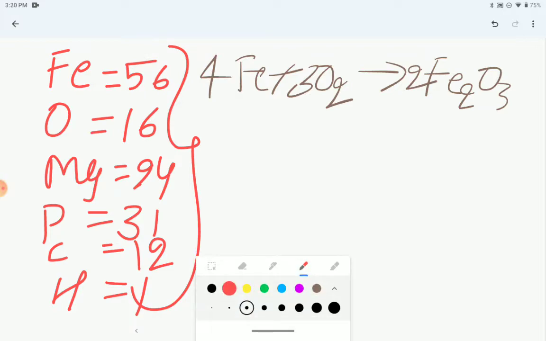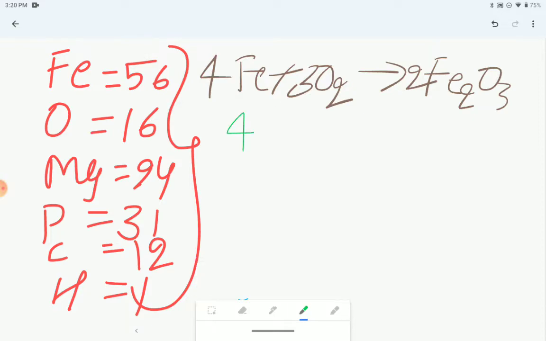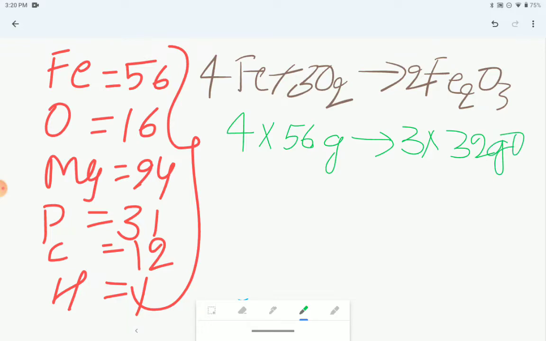For checking that, let's say here 4 into 56 atomic mass, 56 grams of iron requires 3 into 16 into 2, which is 32 grams of oxygen. That means 1 gram of iron requires 3 into 32 by 4 into 56 grams.